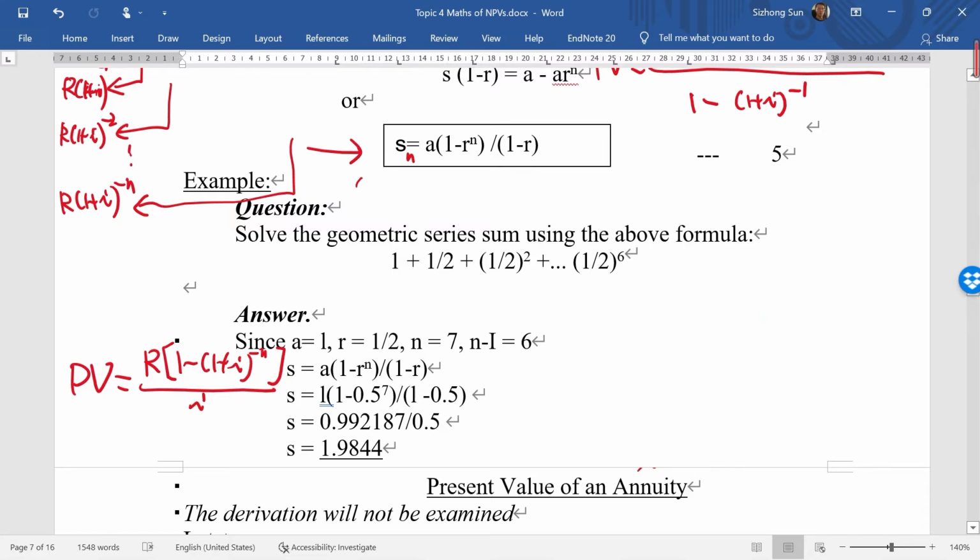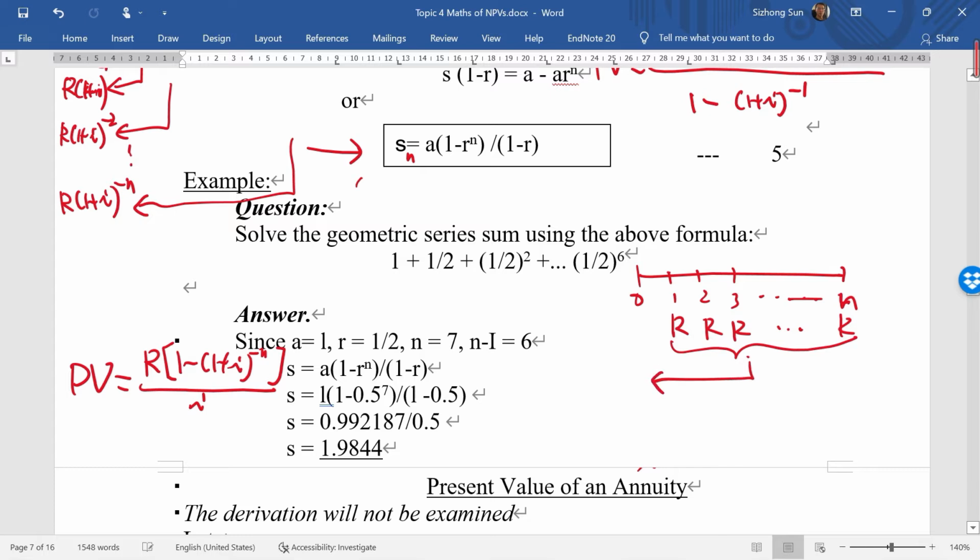The present value of this R-dollar annuity for n years is PV equals R times (1 - (1 + i)^-n) over i.